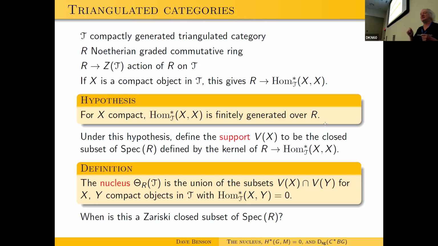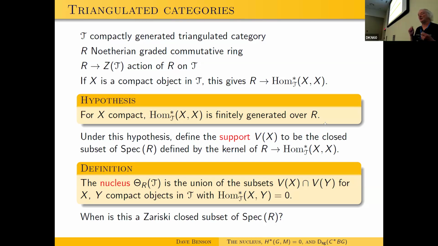So this triangulated category has a center, which is the functors that commute with the translation in the category.